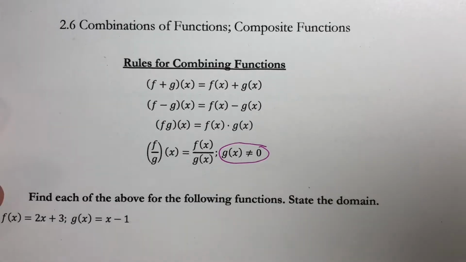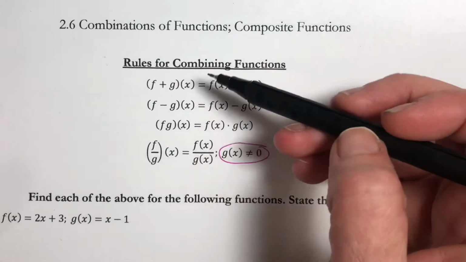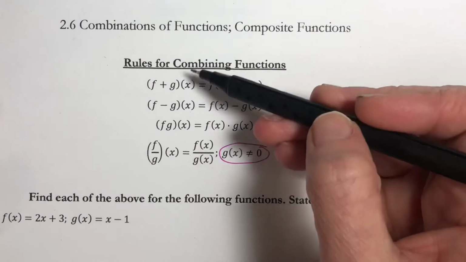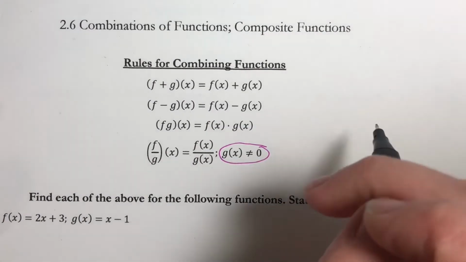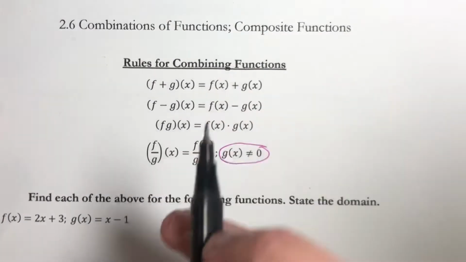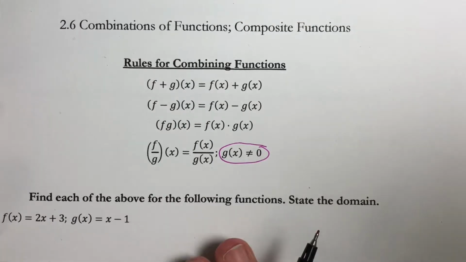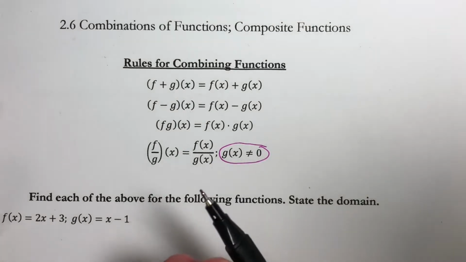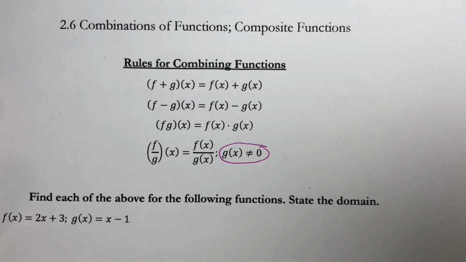What we're going to be asked to do for these first couple of problems is to find all four of these and talk about the domain. Now, before we go on about the domain, right now there are really two things we have to worry about. We cannot divide by 0, so we're not allowed to plug in any value of x that would require us to divide by 0, this case right here.